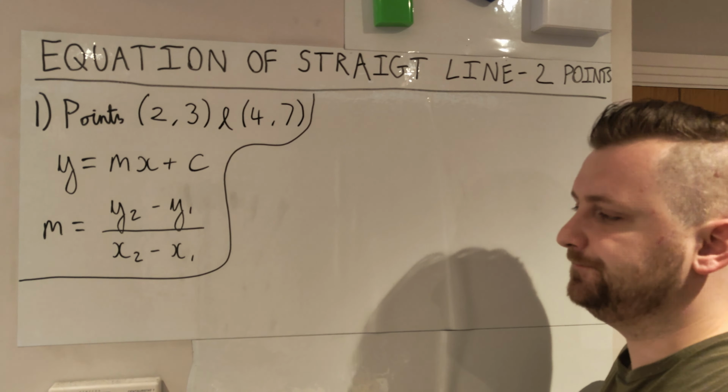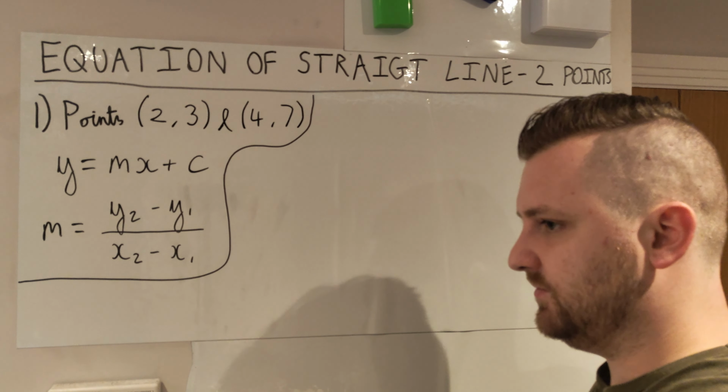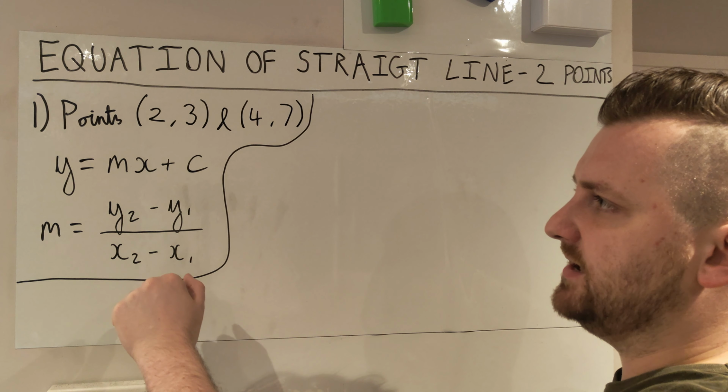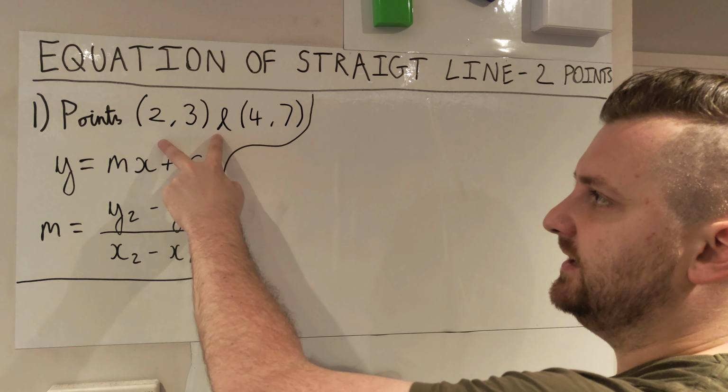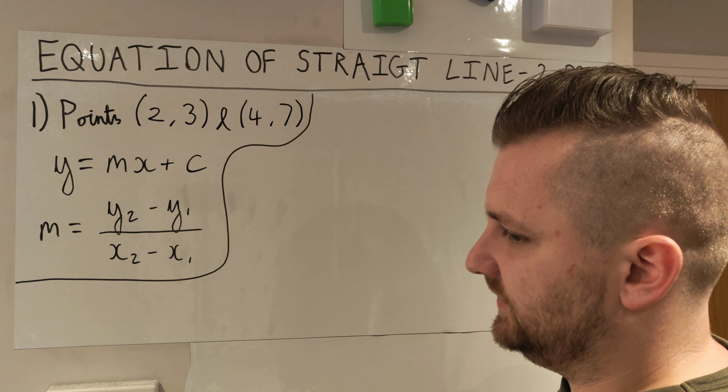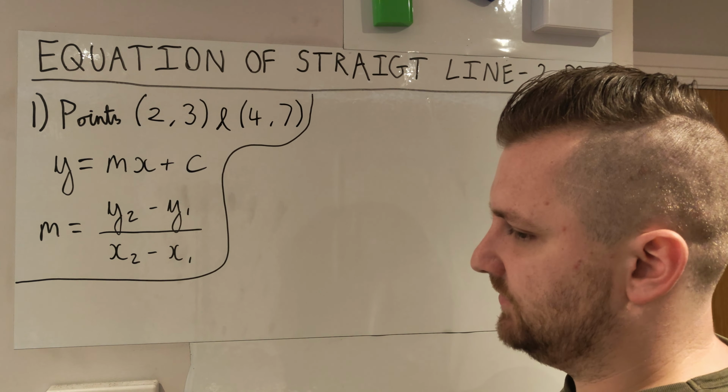Starting with m, it's y2 minus y1 over x2 minus x1. What's y2, what's y1, what does that mean? It's just referring to your 2 pairs of points that you have, so these here. I don't think it matters which one you label which, although I would call that x1, y1, x2, y2, just because it's in the right order.